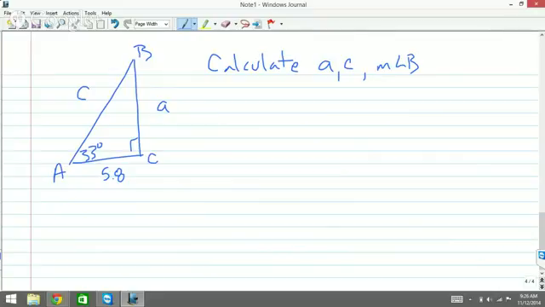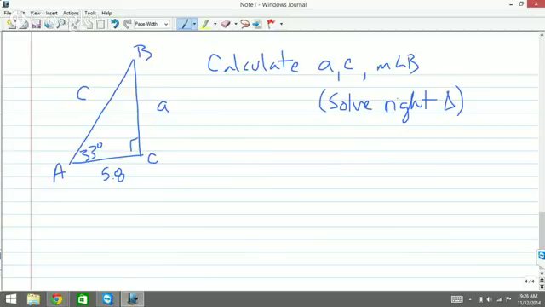I've shown it all to you. This is called solving a right triangle. Somebody might ask you, can you please solve the right triangle?